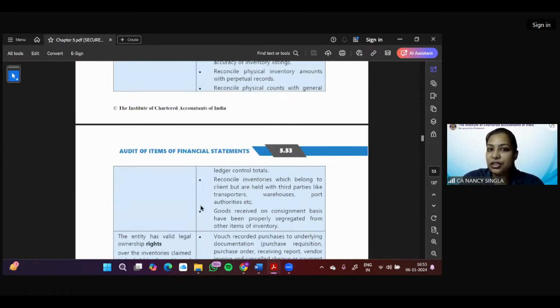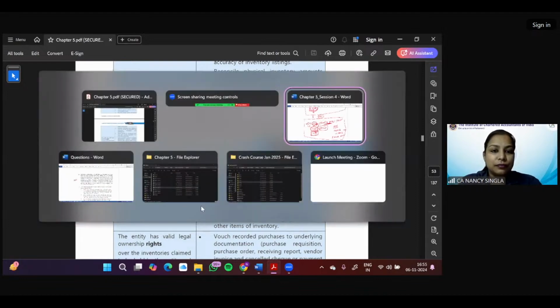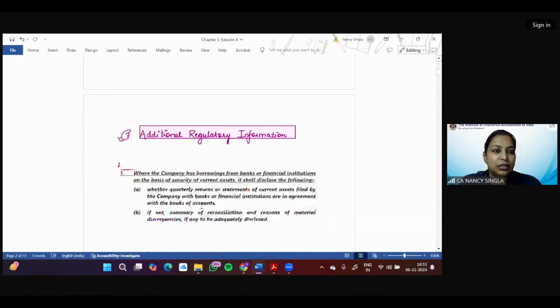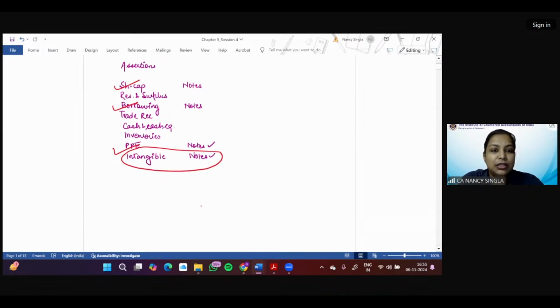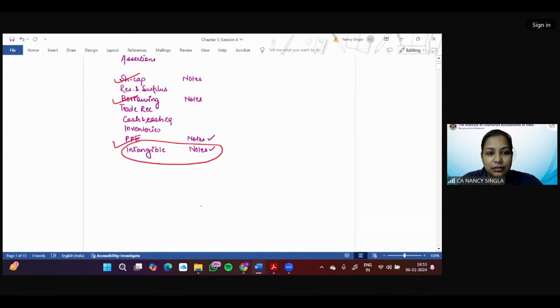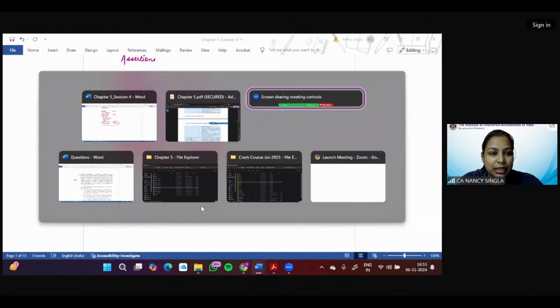Along with that, the additional regulatory information of PPE, and then the additional regulatory information with respect to borrowed capital and share capital. So the notes of share capital are completed, borrowings are completed, PPE are completed. Notes on intangible assets we have to do, so I'll be taking that in the next session.